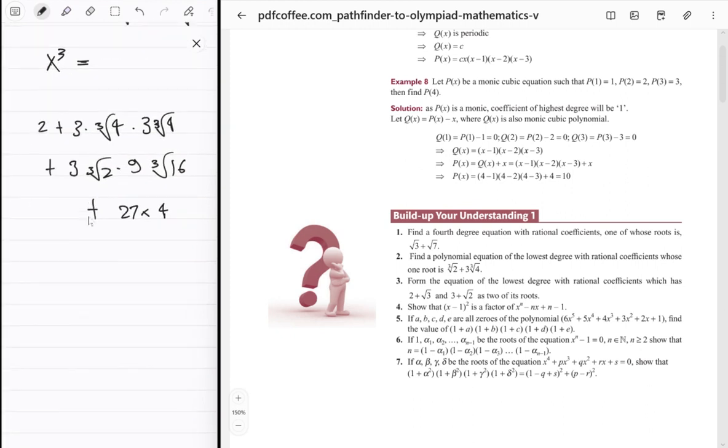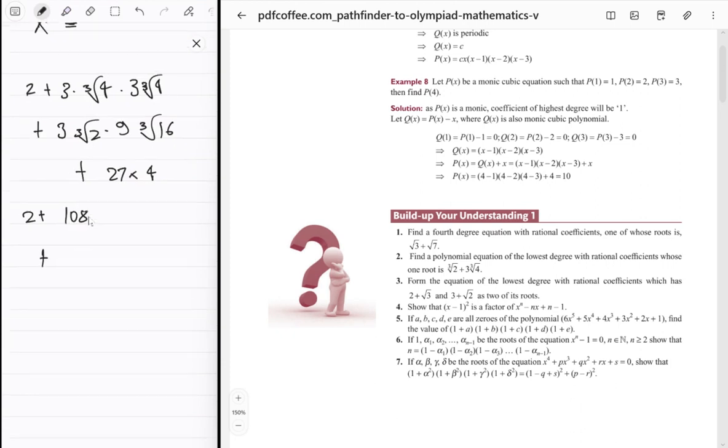Cool. So you got 2 and then this guy. We have to calculate that. 2 plus 8, and then you got 27 times 4, which is 108. Plus 9 times cube root of 16, which can be written as cube root of 8 times 2, so 9 times 2, which is 18 cube root of 2. And then plus this guy, 27 times cube root of 32, so 2 to the 3 times 2 squared.